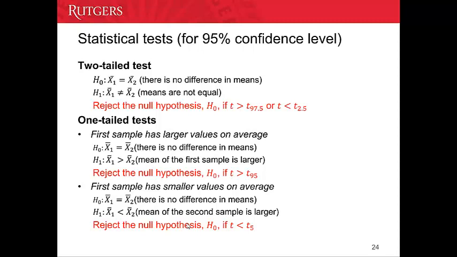Otherwise, we reject the null hypothesis and say that the mean of the second sample is larger than the mean of the first sample. The threshold here will be the t-value at the 5th percentile of the t-distribution, because we want to have a 95% confidence level.